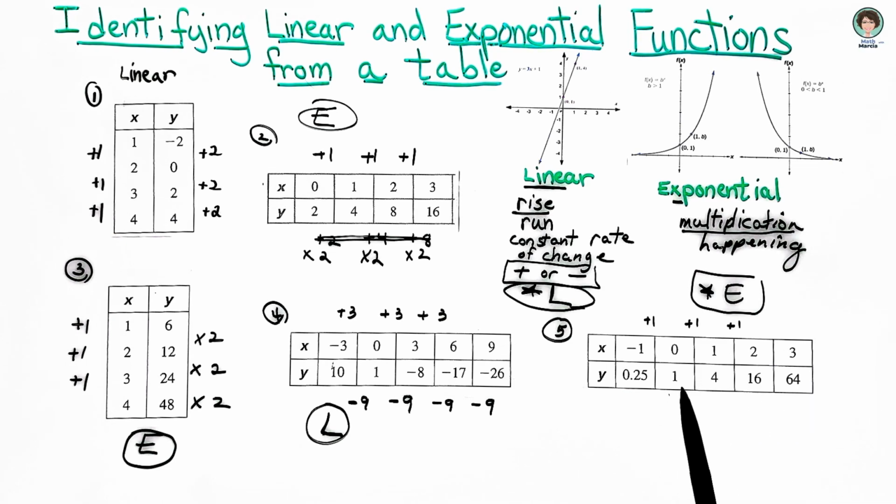Well, I know that 1 times 4 is 4. So I'm just going to write that down as an idea. And now I know 4 times 4 is 16. And 16 times 4 is 64. Well, let's go back to this one to double check. Well, 1/25, think about money. 25 cents times 4 equals $1. So this graph also is what we would be considering exponential.